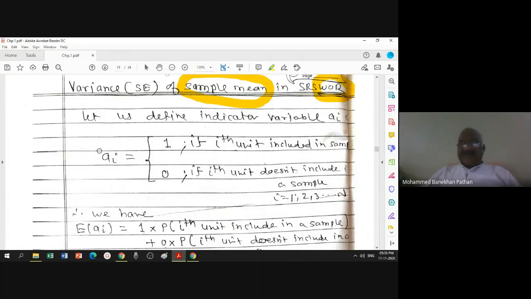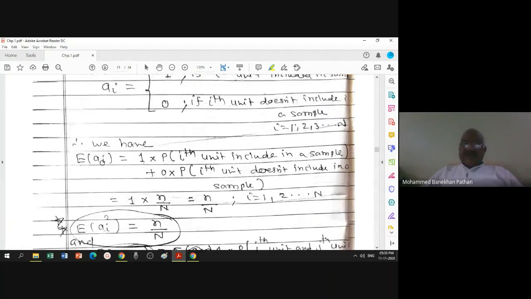This indicator variable is for the entire population, taking only two values, 0 and 1, that is binary. What is the expected value of ai? It is 1 into probability that ith unit is included in the sample, plus 0 into probability that ith unit is not included in the sample. 0 multiplied by any probability is 0, so you have only the first term.